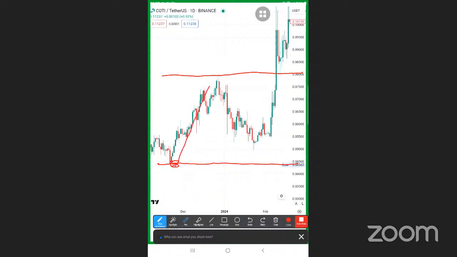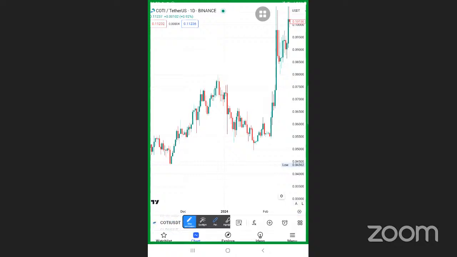It went high up to that area. Then it came back here. Then it went up, and this time around it decided to break this line. So let us look here where this market started and where it went high up, at this area and then at this area.